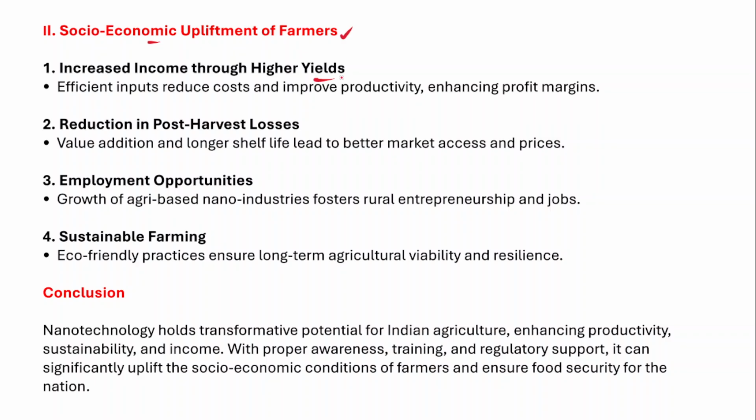As of now in Indian agriculture, productivity is another major problem. Efficient inputs reduce cost and improve productivity, thereby enhancing the profit margins firstly. Secondly, there is a reduction in post-harvest losses, for example value addition and longer shelf life, which can lead to better market access and better prices.